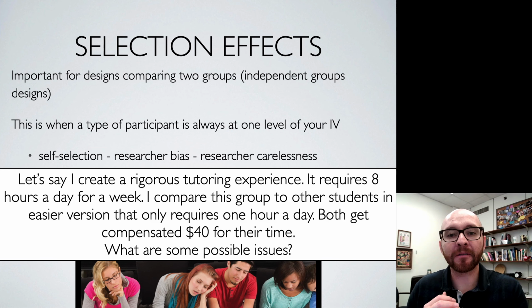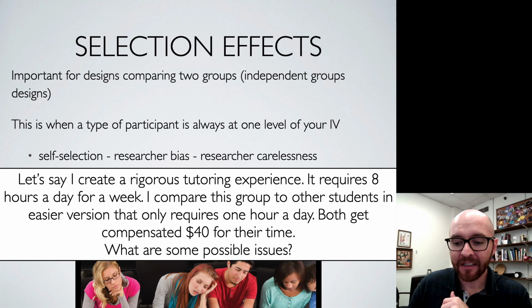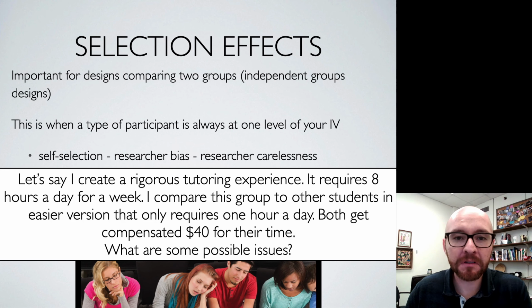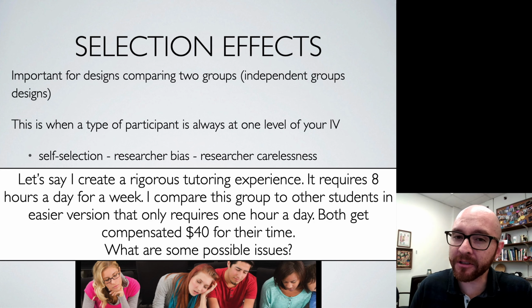You're trying to get them to improve on exams. It requires 8 hours a day of training, of work for a week. Whereas one group just has to do something lighter, 1 day of training versus every day. Or maybe they just take one class, right? I pay them the same amount because, based on the IRB, I'm supposed to compensate people equally, but I let them choose.